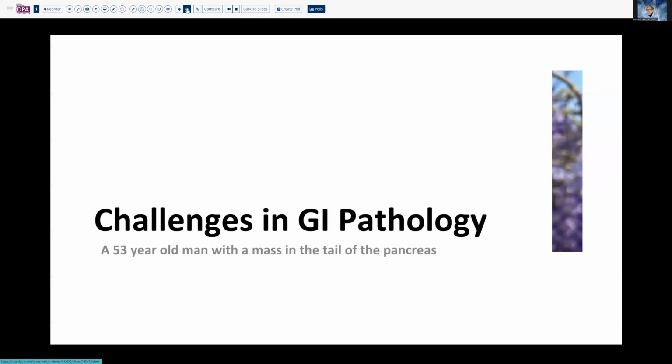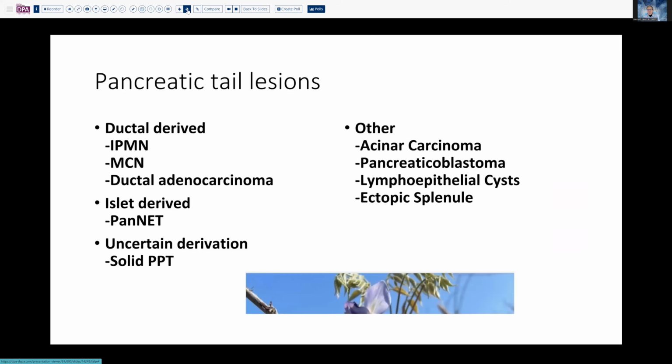In thinking about this clinical presentation, it's not uncommon in today's world of frequent imaging studies to find things incidentally that you weren't looking for and then have to sort out what those could be. So let's take a look at some of the things that should be considered when you encounter something that specifically is in the tail of the pancreas.